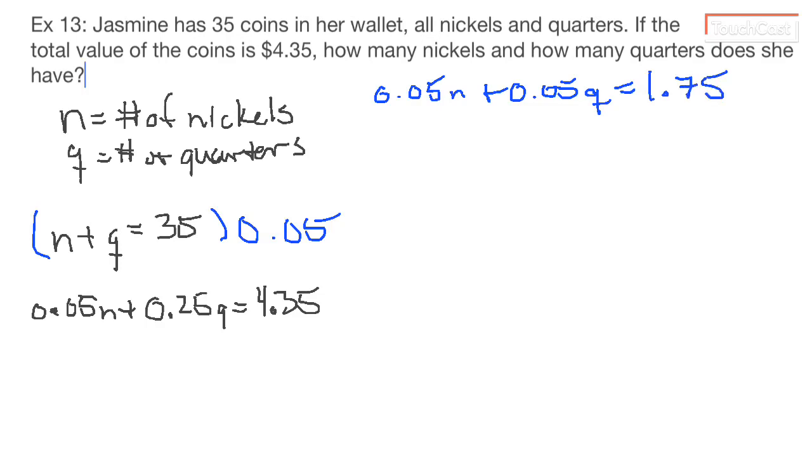And then I'm going to just rewrite the second equation. 0.05 N plus 0.25 Q equals 4.35, and I'm going to actually change the signs this time of my top equation rather than the bottom one. So it's negative 0.05 N minus 0.05 Q equals negative 1.75.